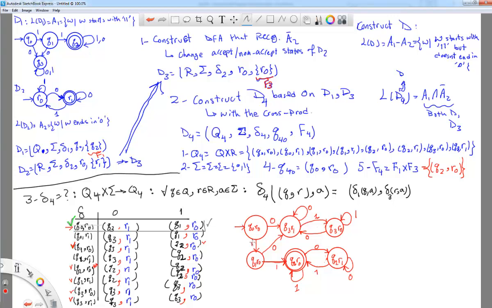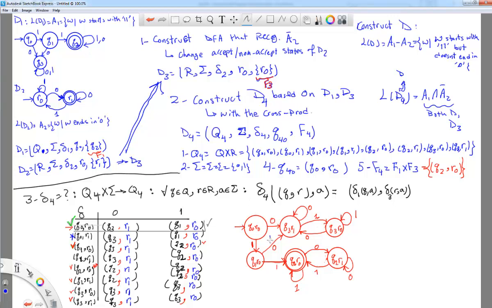Okay, so this is it actually. If you look at this state machine, for every state that is reachable from the start state, we have a 0 and a 1 transition. And if you notice, these states are not reached. So if you look at, for example, this state here, Q sub 0 R sub 1 was not reachable from the start state.